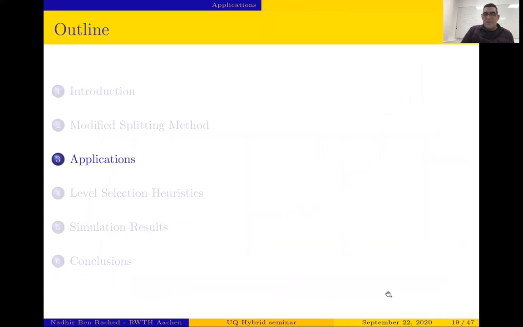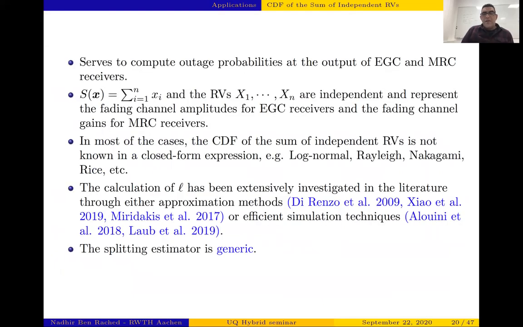Let's talk now about some applications that the proposed estimator can handle. The first is the CDF of sums of independent random variables. As I mentioned in the beginning, this is a very important probability, as it serves to compute outage probability in the performance analysis of wireless systems.